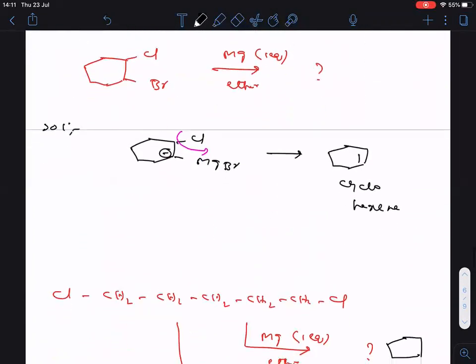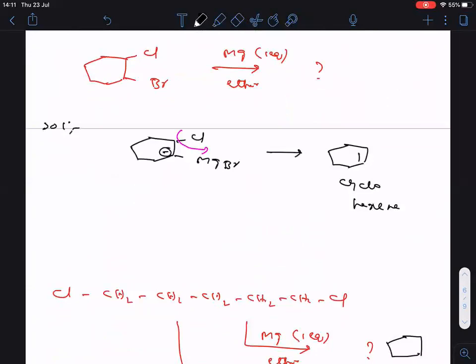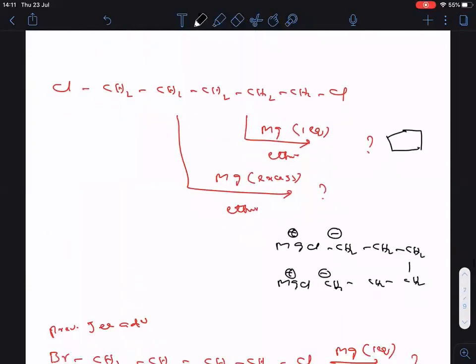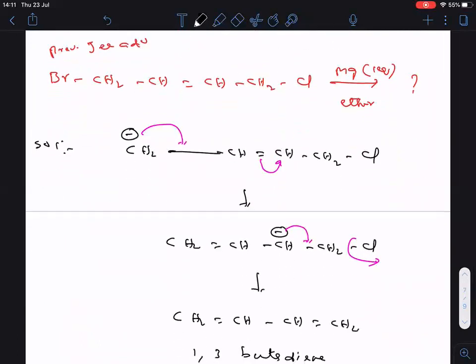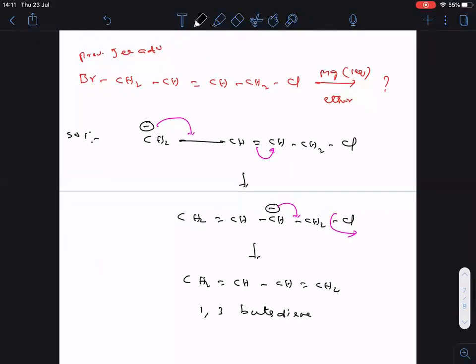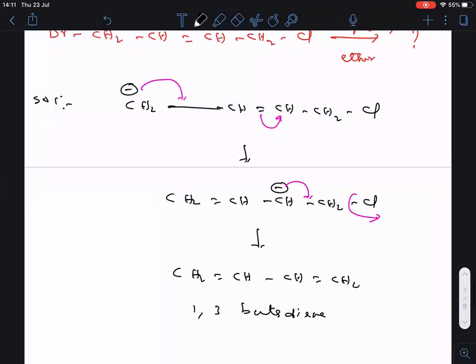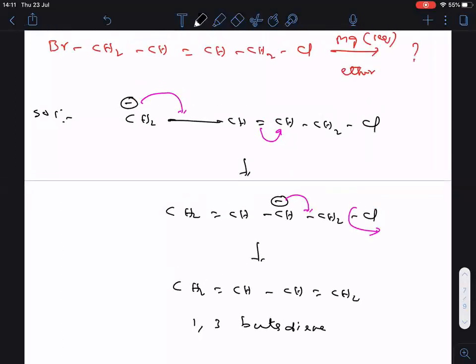This is the second question. This is the third question. And one question from previous JEE Advanced we discussed. Clear?